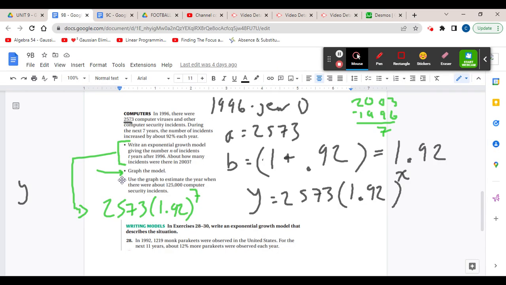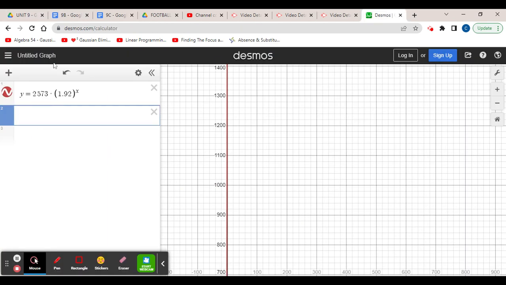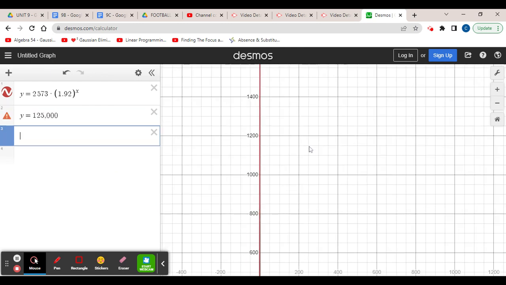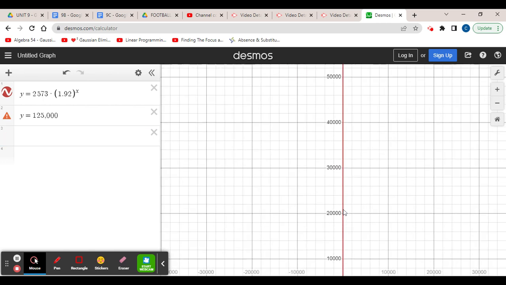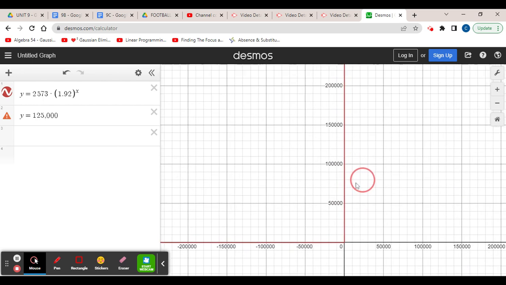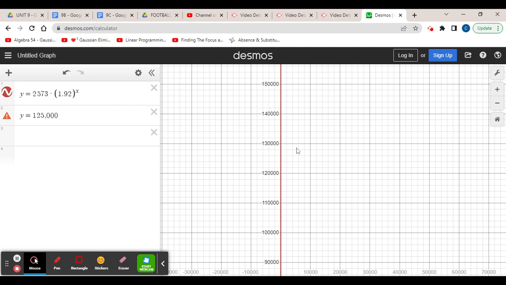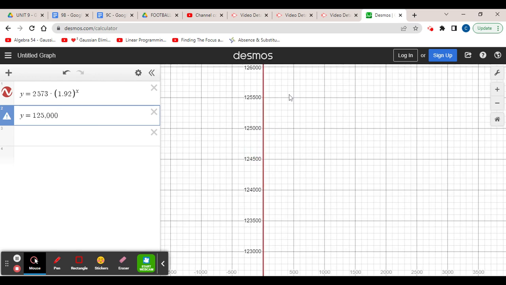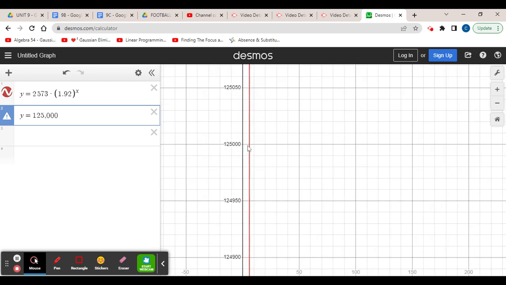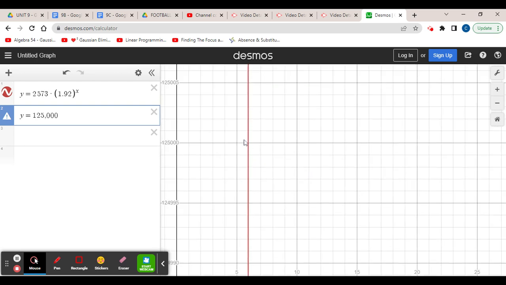Now, if we're going to use a graph to estimate when there are about 125,000 computer security incidents, we're going to look for Y equals 125,000. It's going to be so far off the charts here. I'll have to estimate that here.